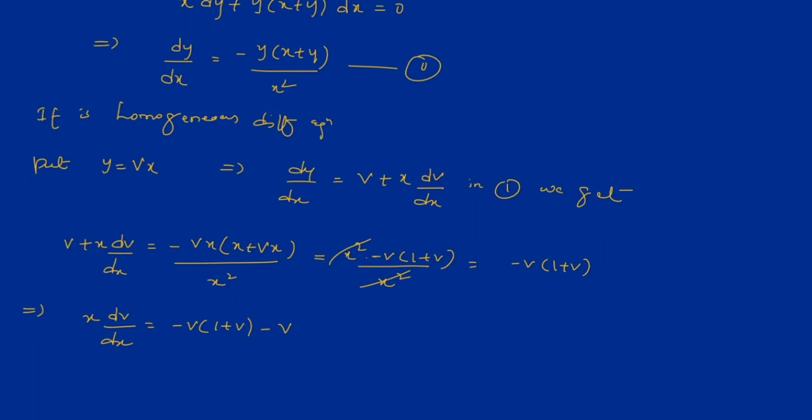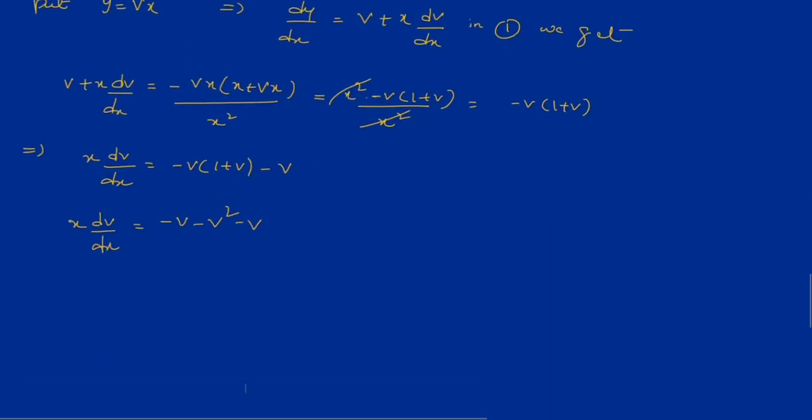So what we get here: x dv by dx is equal to minus v square minus v minus v, so x dv by dx is equal to minus 2v minus v square, right?